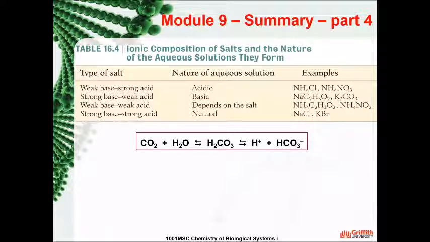We discussed the hydrogen carbonate carbonic acid buffer system and explained how it protects our blood from pH changes. We finished this part by looking at the Henderson-Hasselbalch equation that we can use to calculate the pH of a buffer solution. This is the end of Module 9.